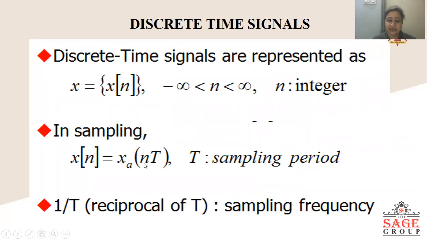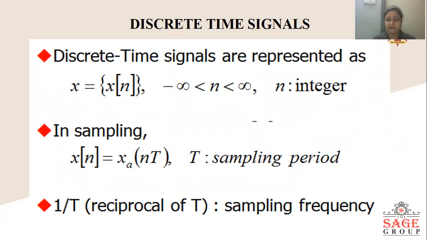Now, if I take n equal to 1, I'll get the signal as x(T). That means now I'm taking the value of the signal at time equal to T. Now, if I take n equal to 2, I'll get the value of the signal x(2T). That means now I'm taking the value of the signal at t equal to 2T. Then it will be t equal to 3T, then t equal to 4T.